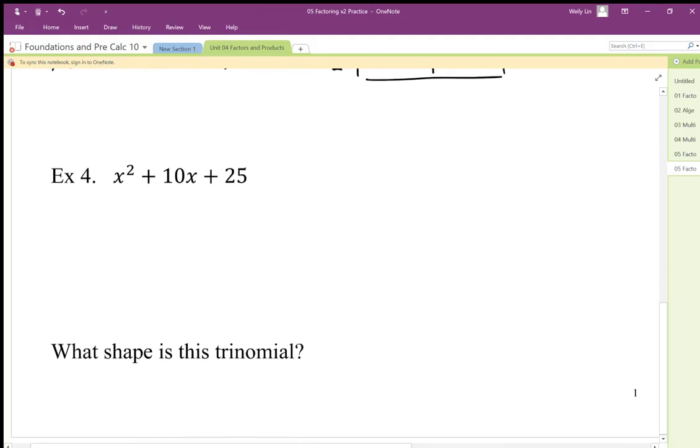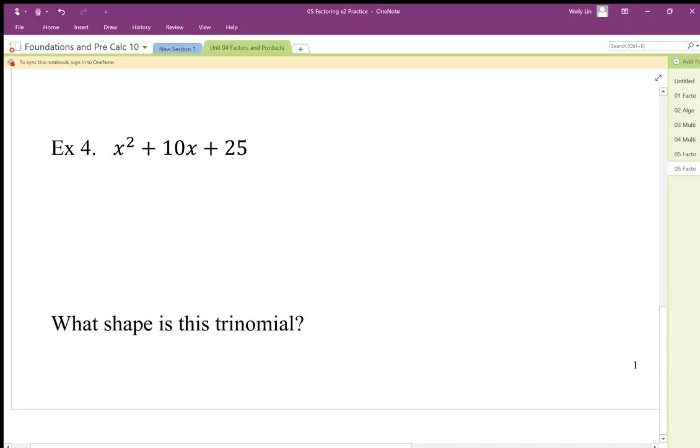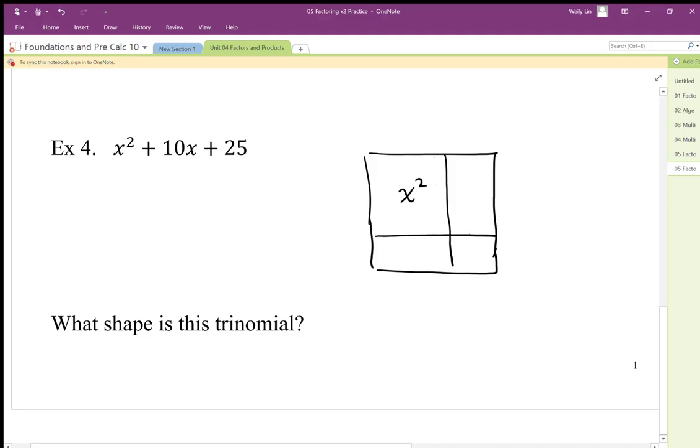So this last one here, we're going to factor this. Let's put it in our area model here. Okay, so I know this is going to be x squared, and this is going to be 25. We're looking for two numbers that multiply to 25, and we can split up the middle 10x into two parts.